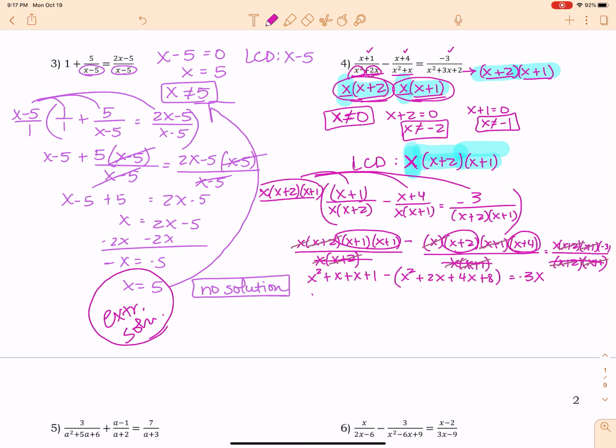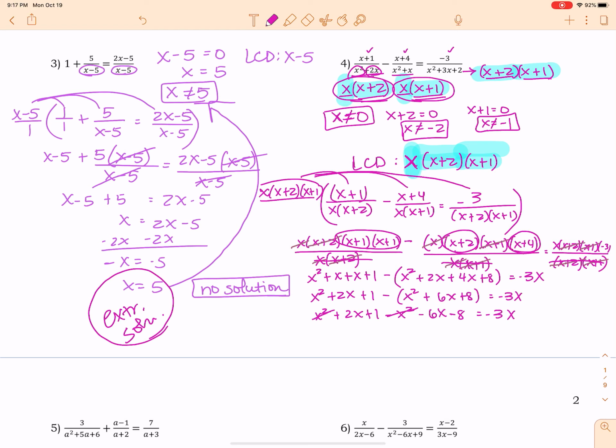All right, now I'm going to tidy this up a little bit and combine like terms. And now I'm going to distribute this negative here. Okay, I'm going to combine like terms again.